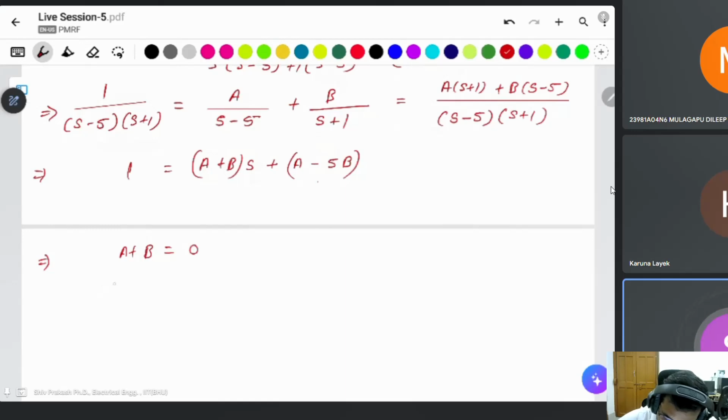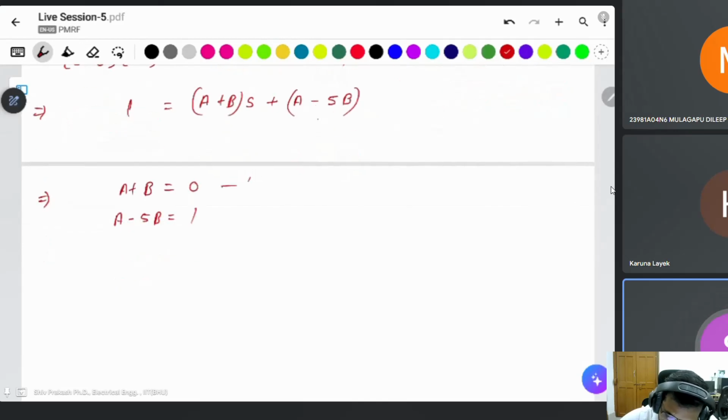Then a minus of 5b will be 1. Just subtract these two: 1 minus, this will be plus, this will be also minus. A will be cancelled out. 5b plus b is equal to 6b, equal to minus 1. Then b is equal to minus of 1 by 6.